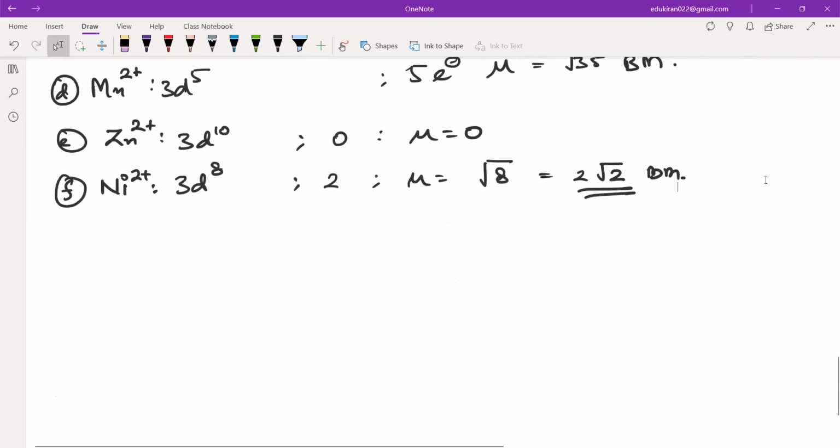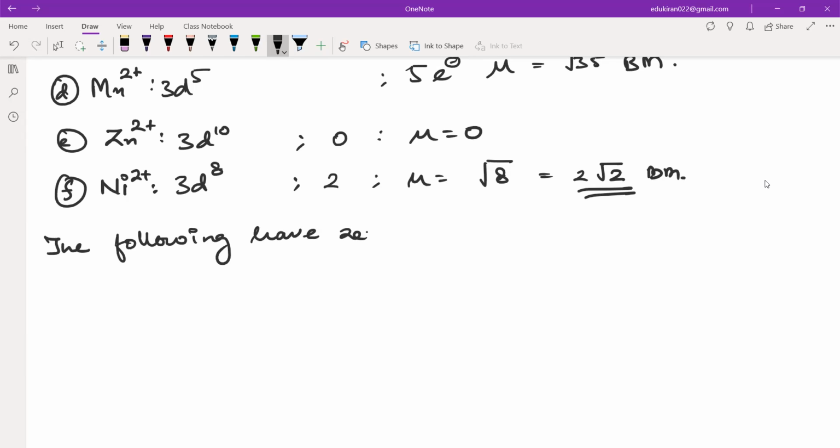Okay. Just a couple of more things. So just write the following. Species that have 0 unpaired electrons. What are those? You have scandium plus 3, and then you have titanium plus 4. This is also 0, and these are d0.